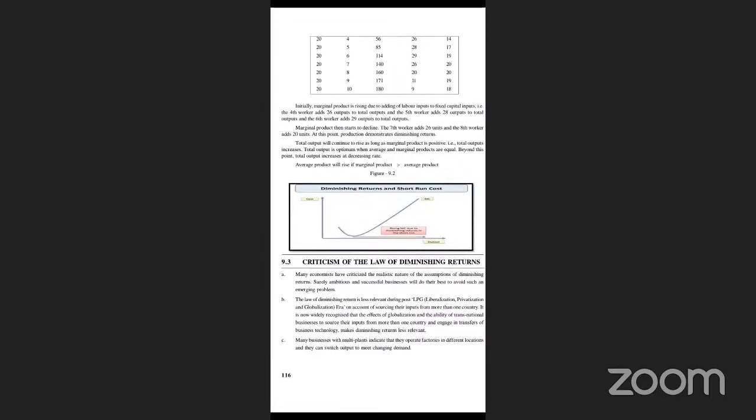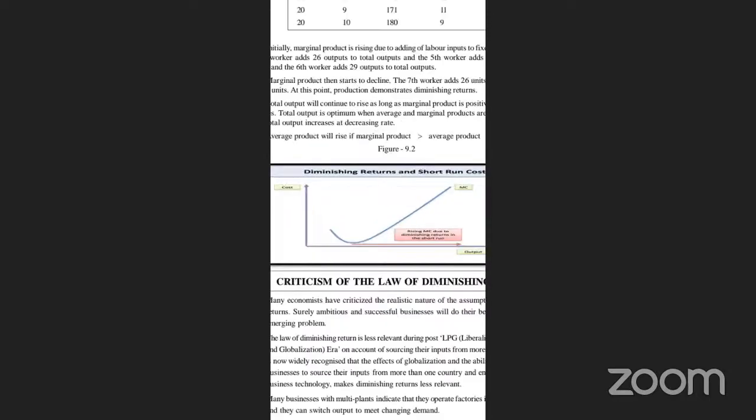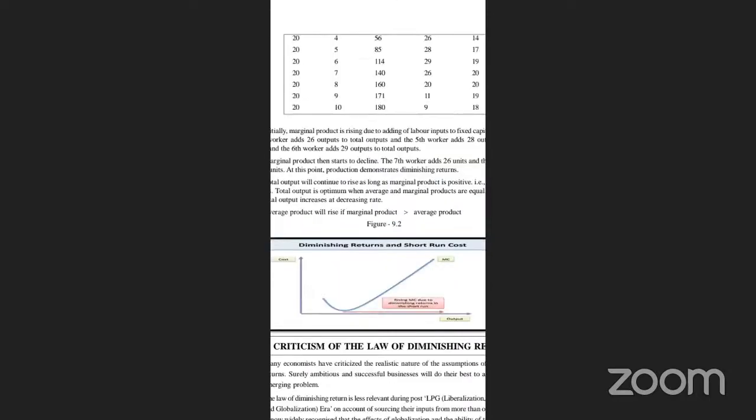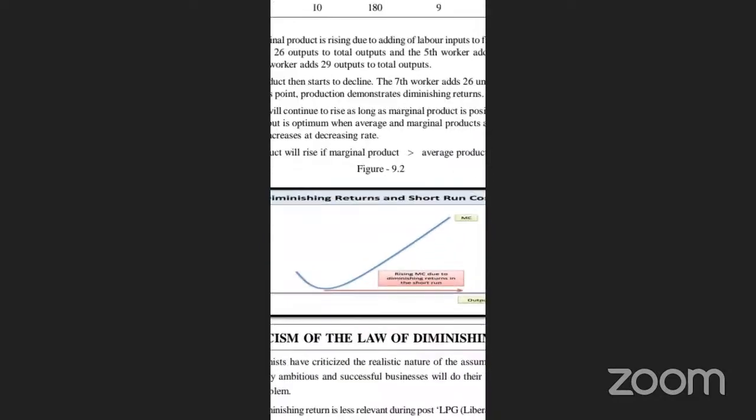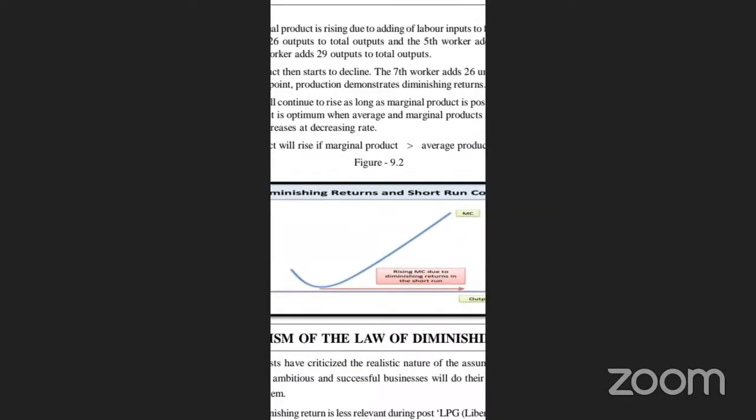And when you plot the graph here, you can see the returns. The MC curve and output curve are marked. And the MC curve is rising due to the diminishing returns in the short run.